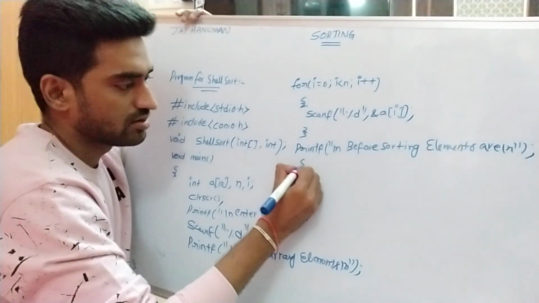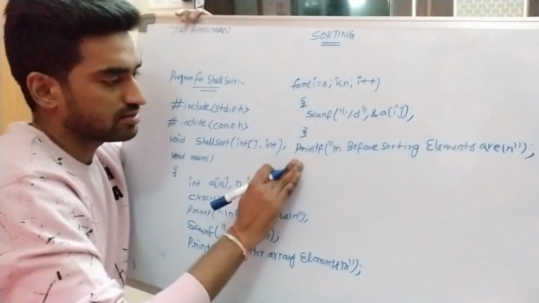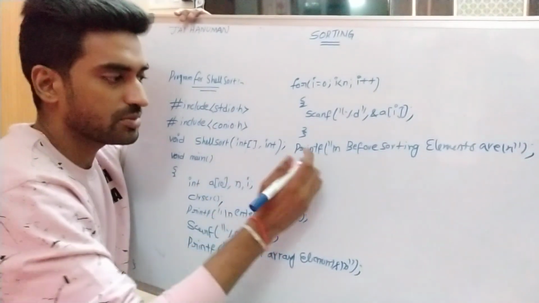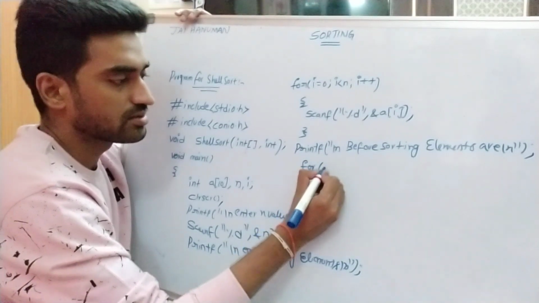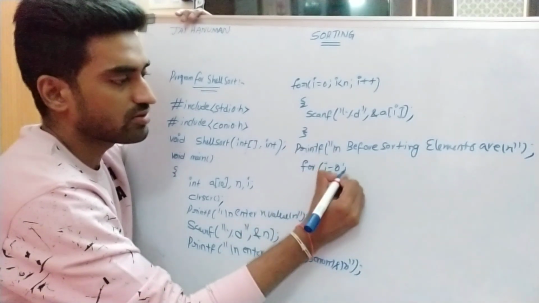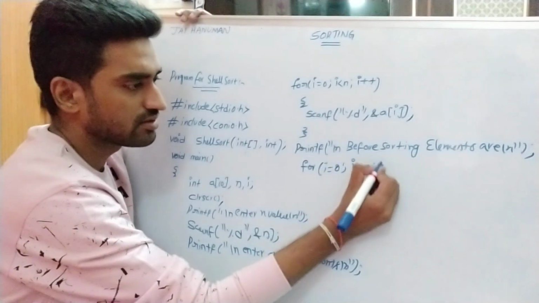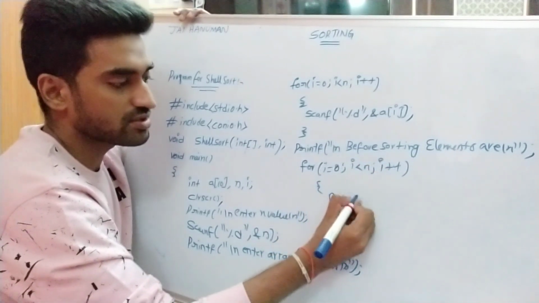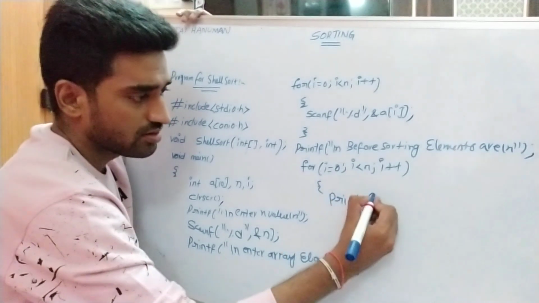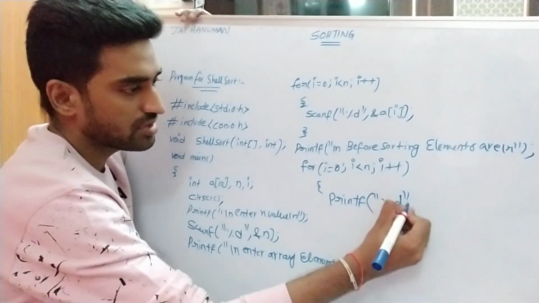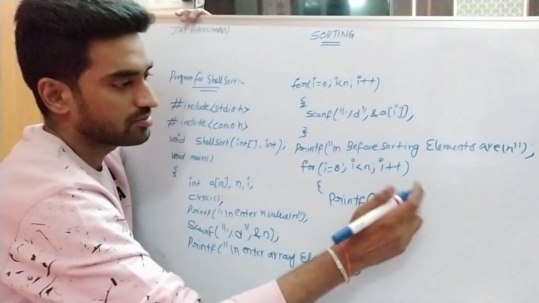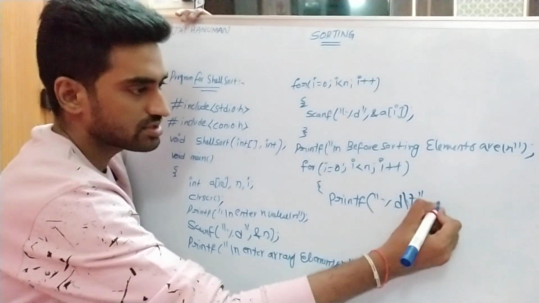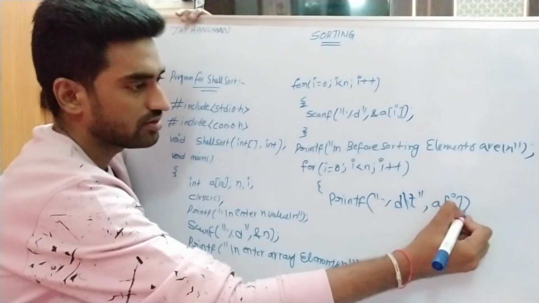Here the printing operation is also performed repetitively, so for that purpose I am taking the same loop: i equal to 0, i less than n, i plus plus. We are printing all the elements. So printf before sorting, all are integer elements. Here I am taking \t, the backslash character constant, printing a of i.